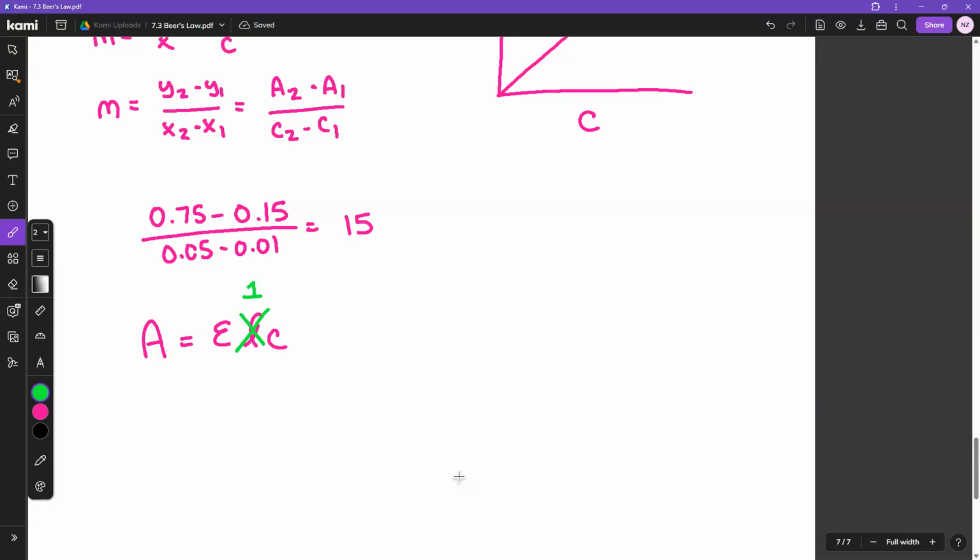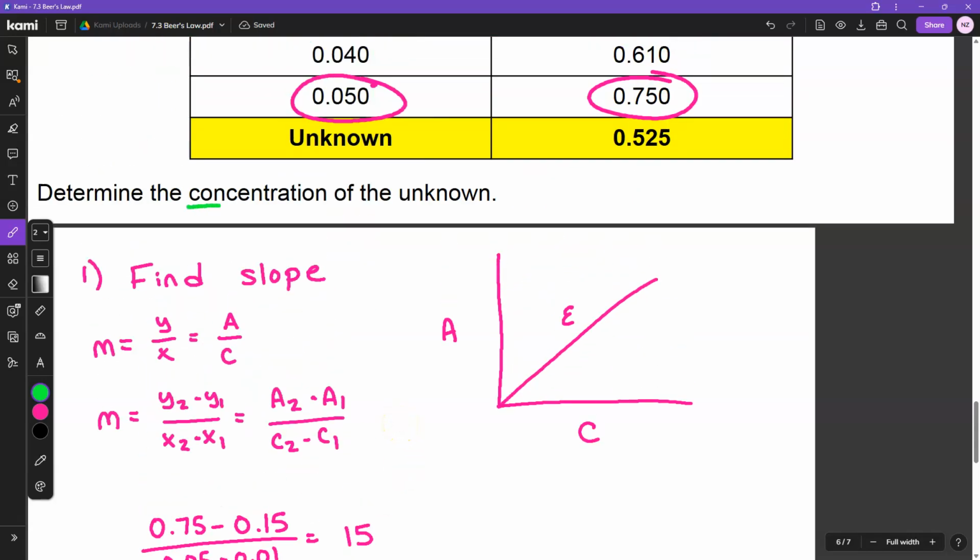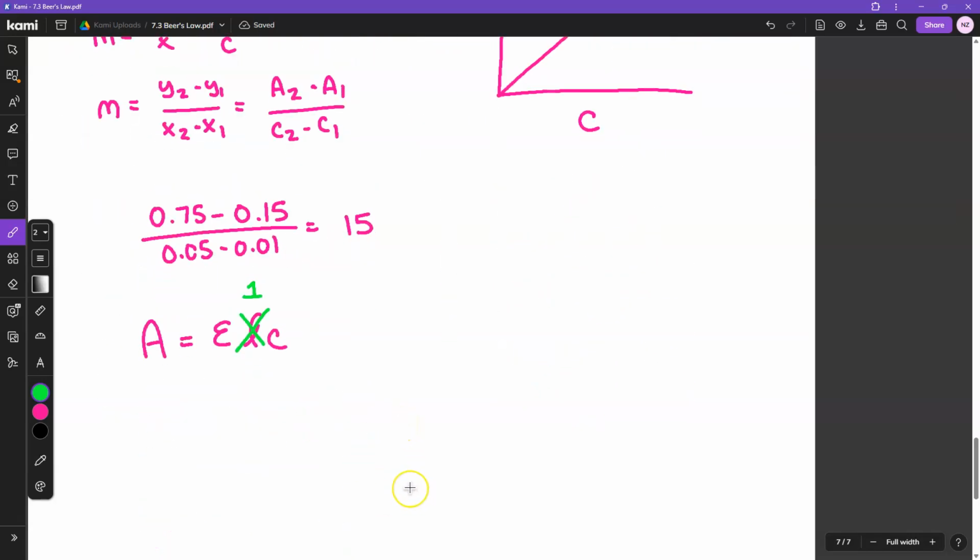If I rearrange my equation to find concentration, concentration is going to be equal to my absorbance divided by my molar absorptivity.